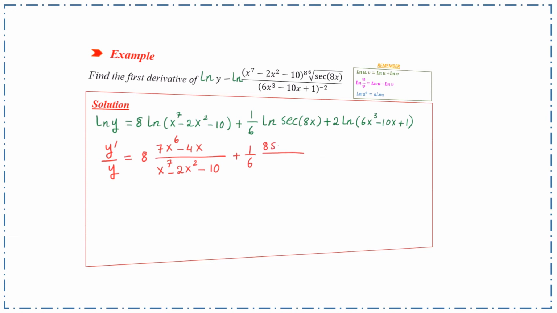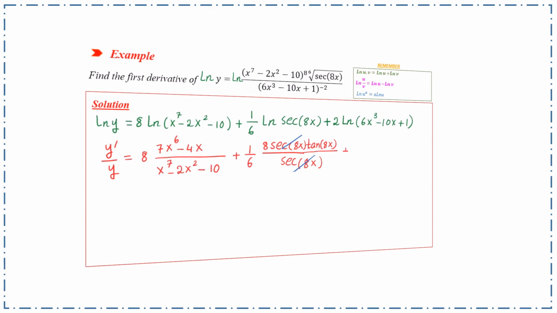Then you have to find the derivative of secant, which is secant tan, same angle, which is 8x, divided by the original function, which is secant 8x. So you can cancel secant 8x with secant 8x.